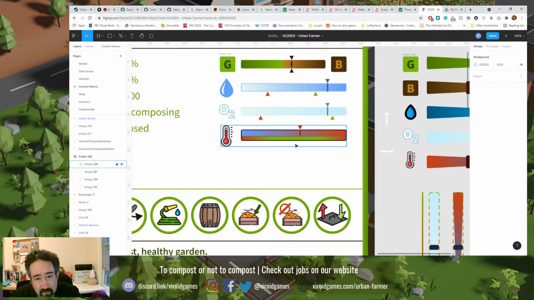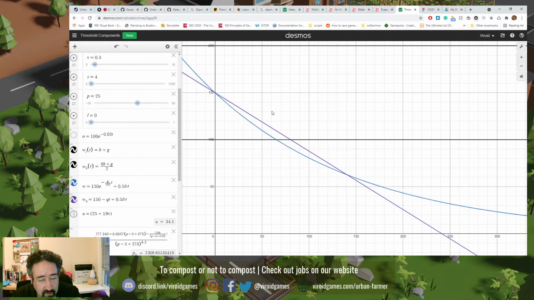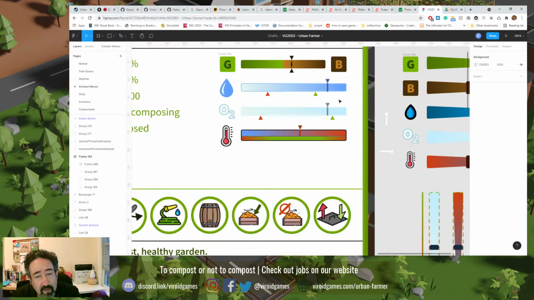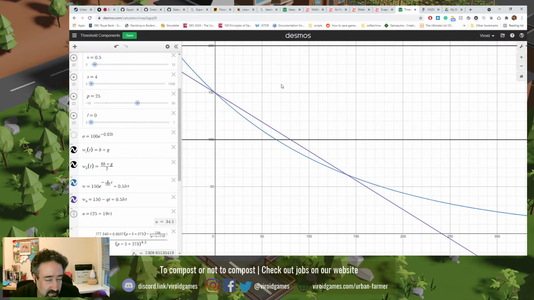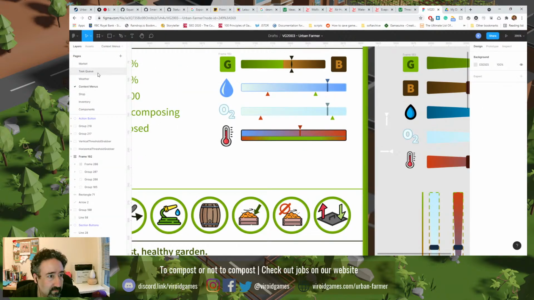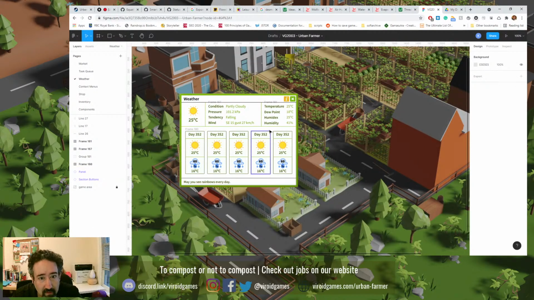The air temperature will impact the compost temperature, which will then impact the evaporation rate, so we've done that part. Oxygenation has nothing to do with the water evaporation. Wind speed might play a factor. We will also have that here in the weather. We'll have wind speed, so we'll see how it goes.